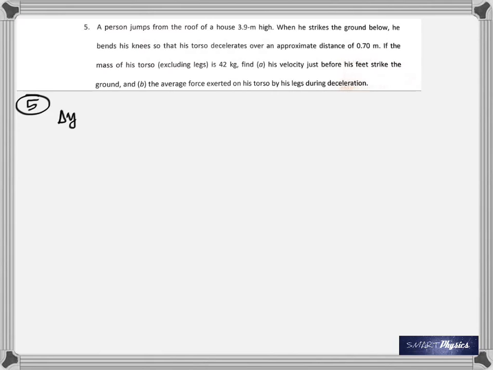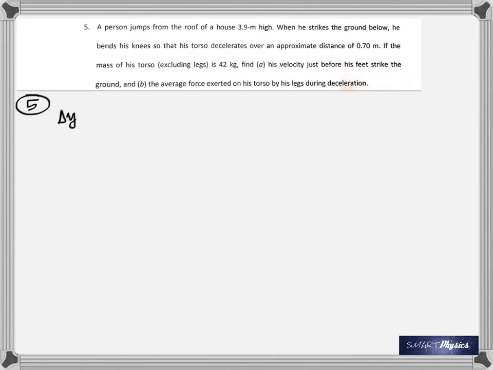Therefore, it comes back to, actually there are two problems in one here. Did you read it? All right, if you did, what's your idea? Find the time? What you're looking for is the velocity just before his feet strike the ground, right? We're looking for that. I want to take more time on this. So how do you do it?